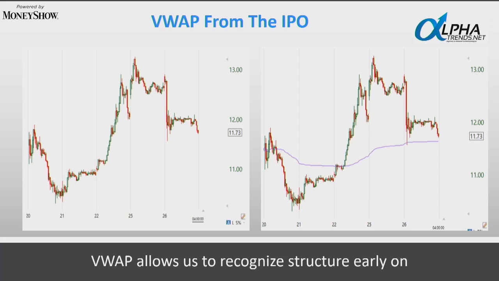It works great on IPOs is the point I was going for here, and I should have introduced that better. When you have an IPO like this one, you look at it with nothing, and then people will say, hey, let's buy it on the breakout above 12, because that's where we have confirmation the buyers are in control. Well, what if we say, let's buy it as the buyers actually regain control?